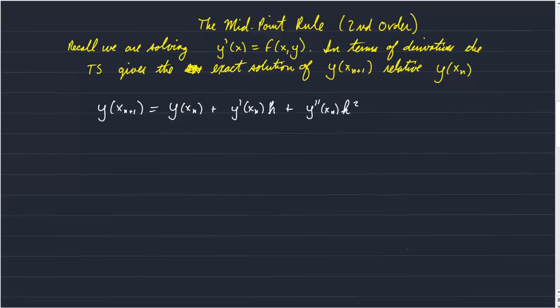And I'm going to start writing my h's as cursive h's so I can distinguish h from n. And the second term is divided by 2, plus our higher order terms.